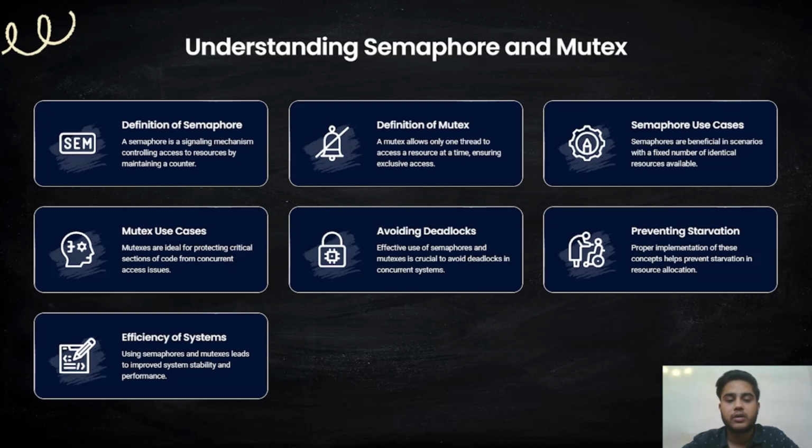Avoiding deadlocks: effective use of semaphores and mutexes is crucial to avoid deadlocks in concurrent systems. How to prevent starvation? Proper implementation of these concepts helps prevent starvation in resource allocation. Efficiency of systems: using semaphores and mutexes leads to improved system stability and performance.